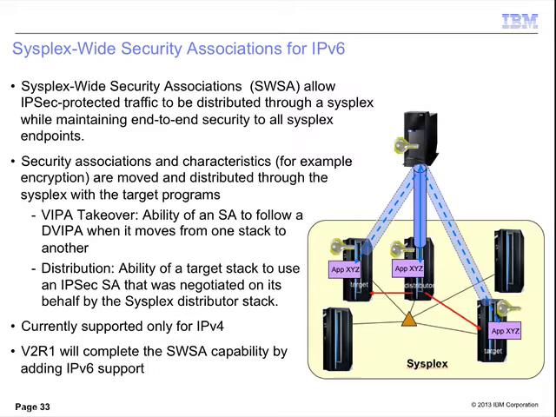You would like to have the capability for your distributing stack to be able to negotiate the security association for those tunnels with the endpoint, and then have that same security association accessible from that eventual target stack. That's what SWSA gave you, and that's worked for over 10 years now. We have customers using that, but again, it has been IPv4 only. And so in V2R1 we implement that now for IPv6 as well as IPv4.